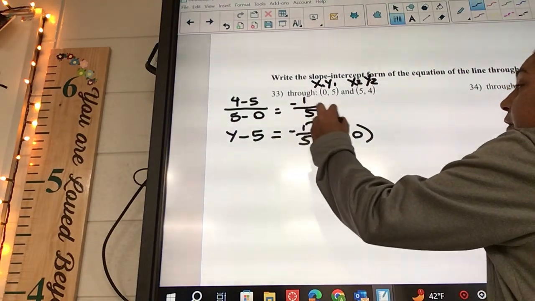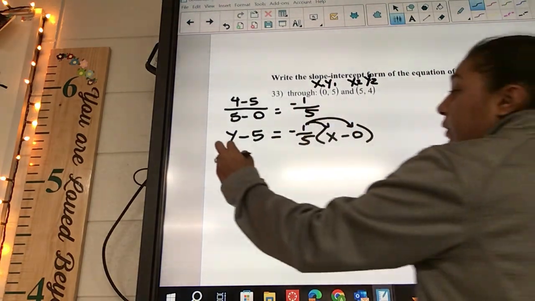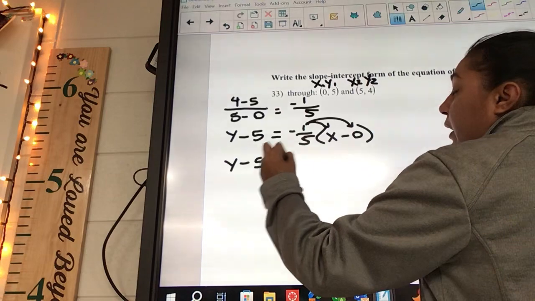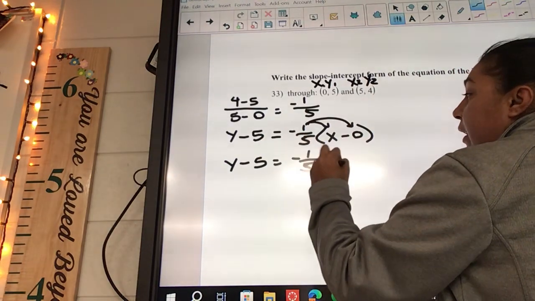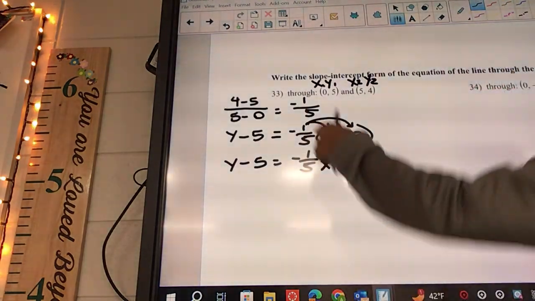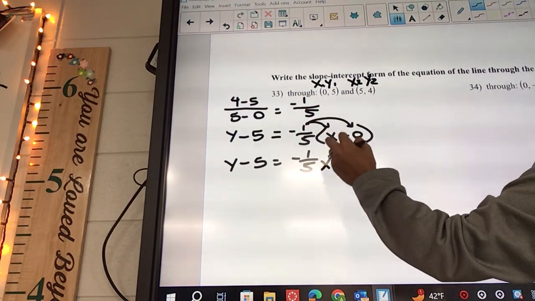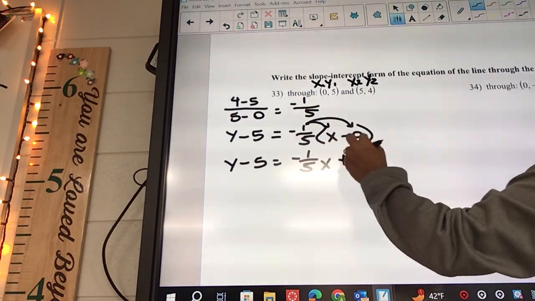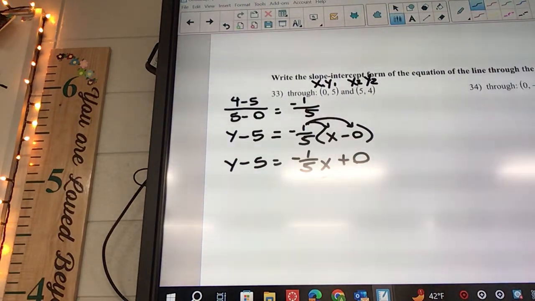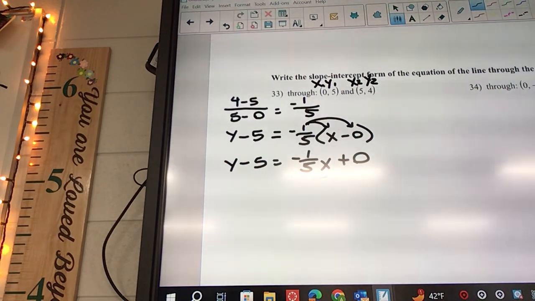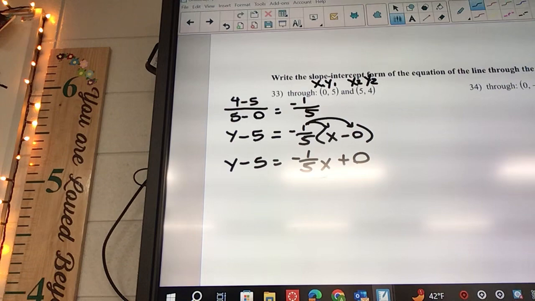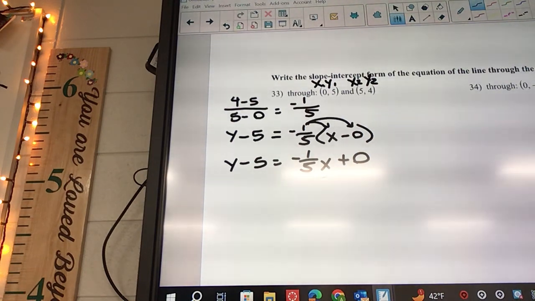Okay, and so now we're gonna go ahead and distribute. Okay, so I got y minus 5 equals negative 1 over 5x. Then this negative 1/5 times 0 is still gonna be 0. You can say plus 0 or minus 0, it does not matter. But I would put the 0 there because you still have another step to do, and then you guys will get all jacked up.